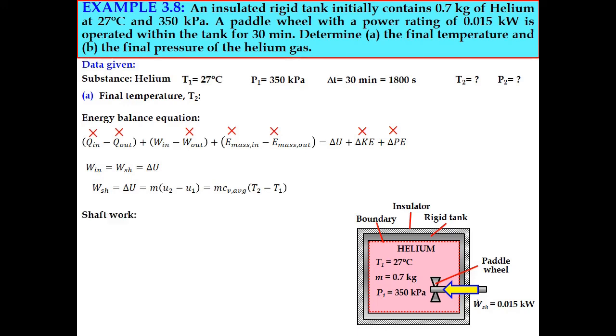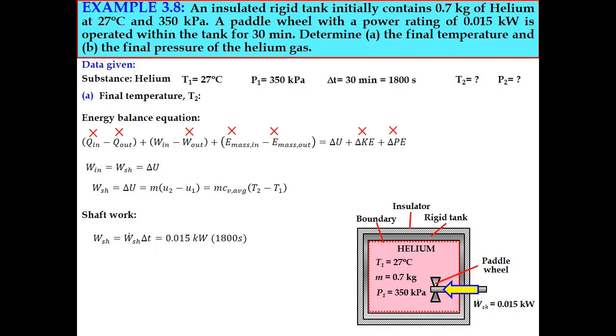The data for shaft work is not given directly; the data we have in the example is the power for the shaft work, W dot shaft, which is equal to 0.015 kilowatt. So we can obtain shaft work by manipulating this equation, where W shaft equals W dot shaft multiplied by delta t.